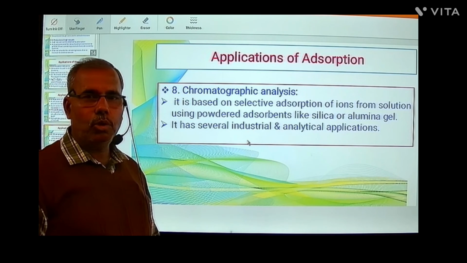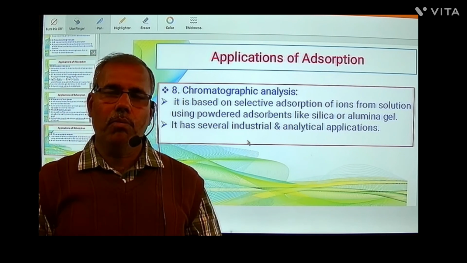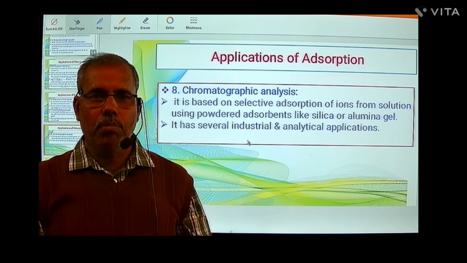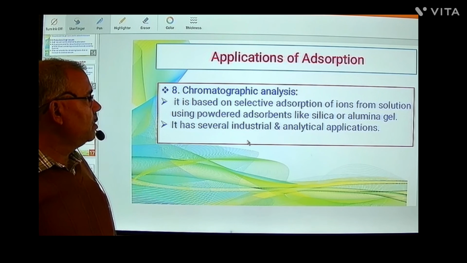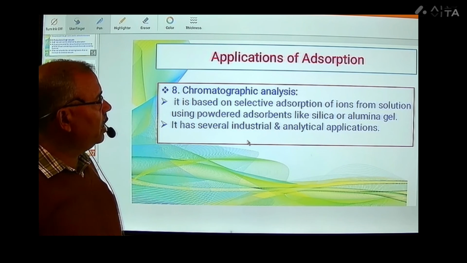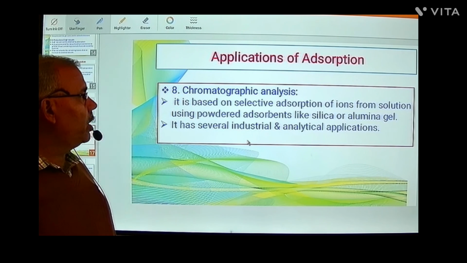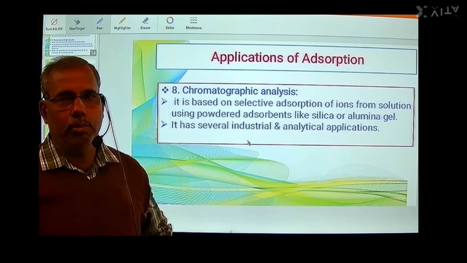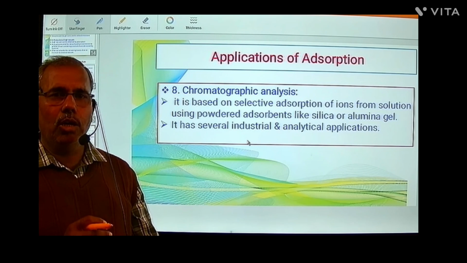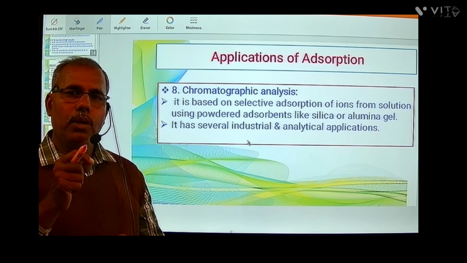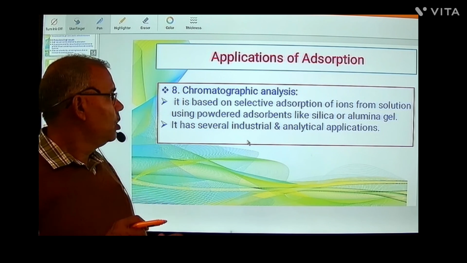The last application of adsorption, dear friends, is chromatographic analysis. Chromatography is also a technique for separation of a mixture of two or more components. It is based on the selective adsorption of ions from solution using powdered adsorbents like silica gel or alumina gel. The mixture of different components in solution is poured on the adsorbent.